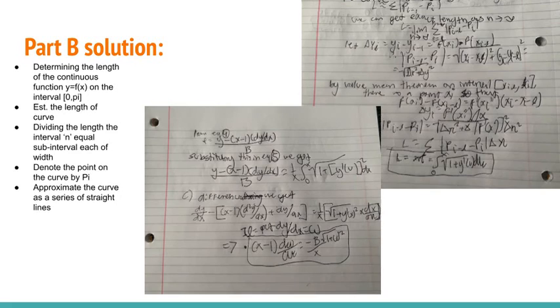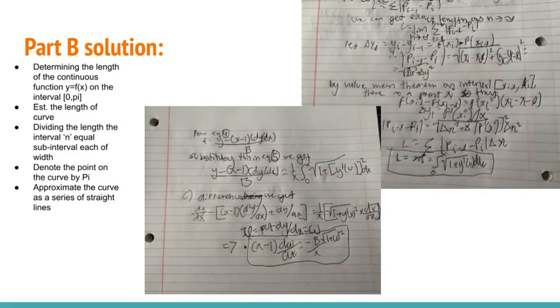Initially, we will need to estimate the length of the curve. We will do that by dividing the interval into n equal subintervals, each of width delta x, and we will denote the points on the curve by P_i. We can approximate the curve as a series of straight lines.